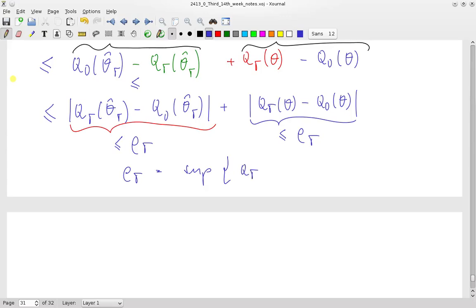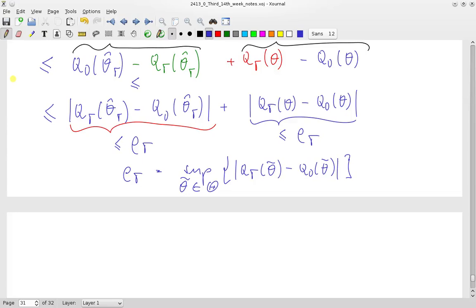We compared Qt evaluated at theta tilde with Q naught evaluated at theta tilde, took the absolute value of them, and we took the value that provided intuitively the biggest difference.